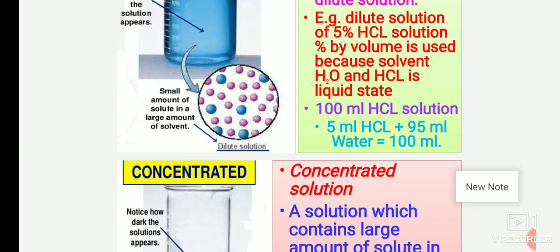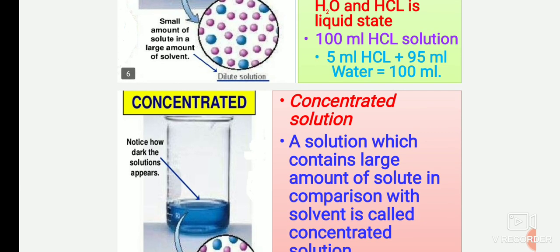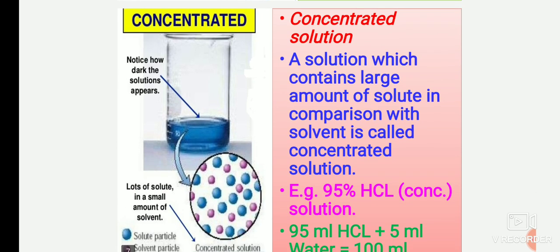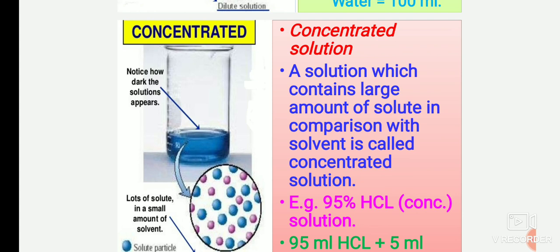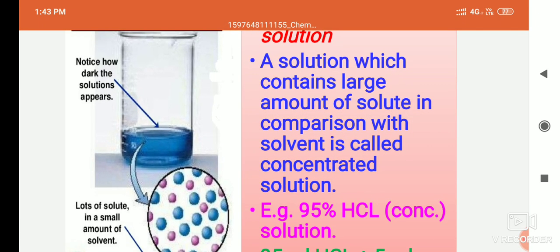Then we see concentrated solution. A solution which contains a large amount of solute in comparison with solvent is called concentrated solution. For example, 95% HCl solution.